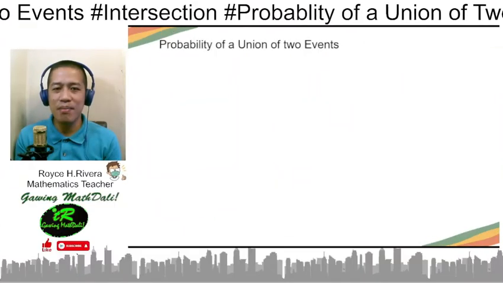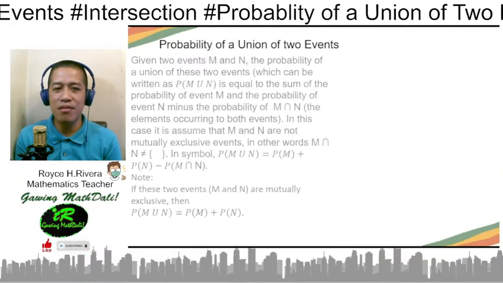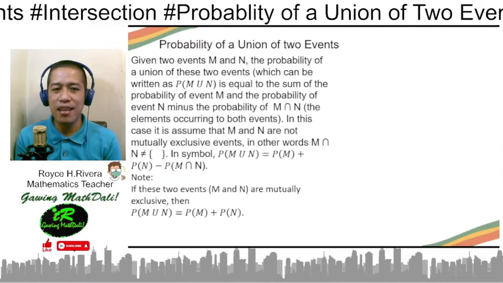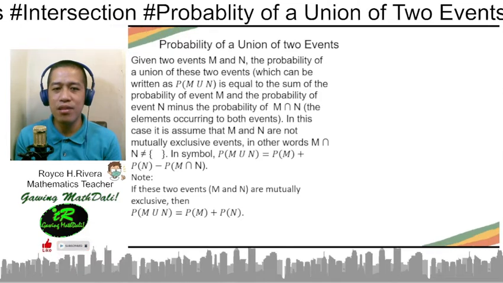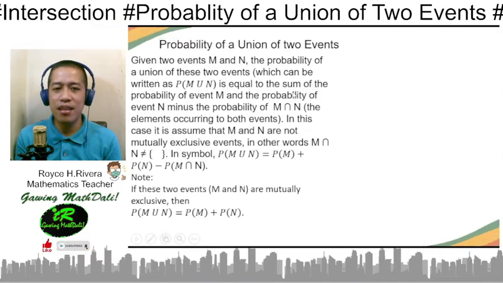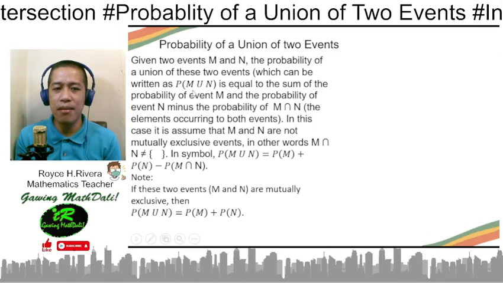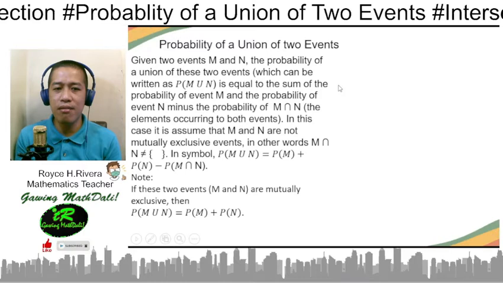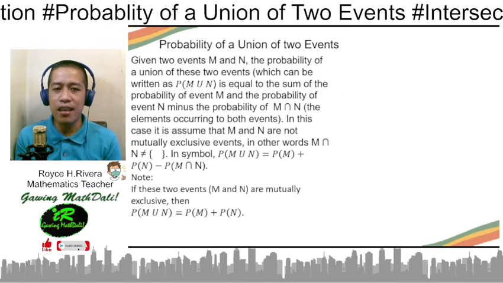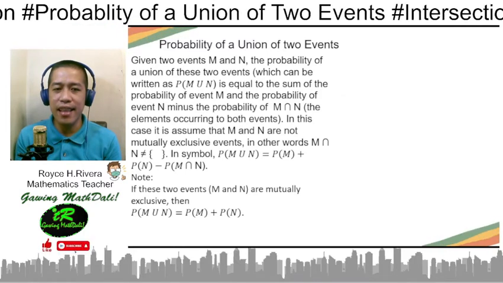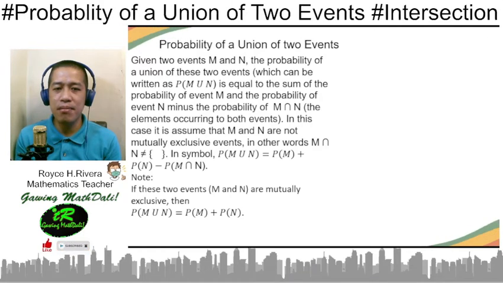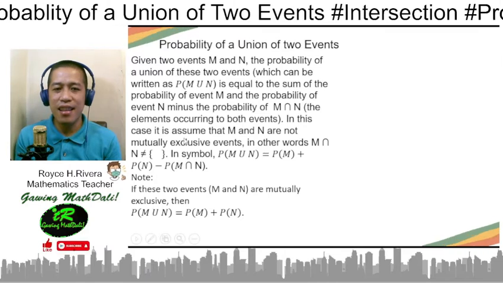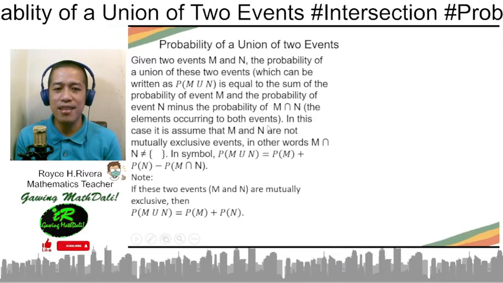Tuloy-tuloy na tayo sa probability of a union of two events. Given two events M and N, the probability of a union of these two events, which can be written as P of M union N, is equal to the sum of the probability of event M and the probability of event N minus the probability of M intersection N, the elements occurring to both events.